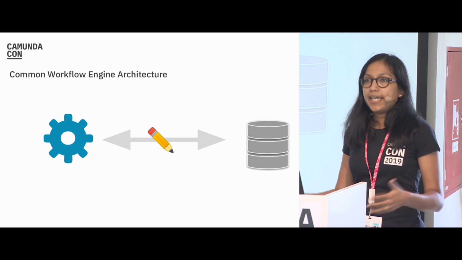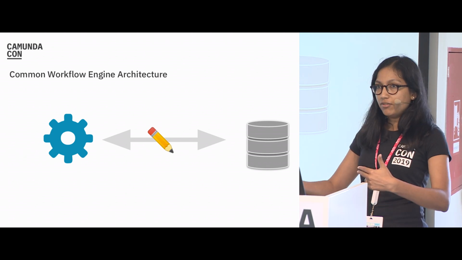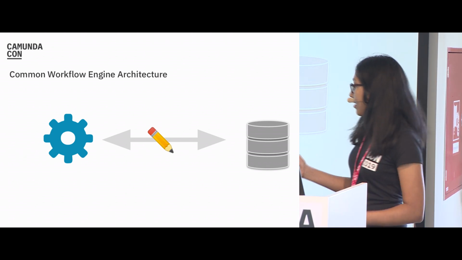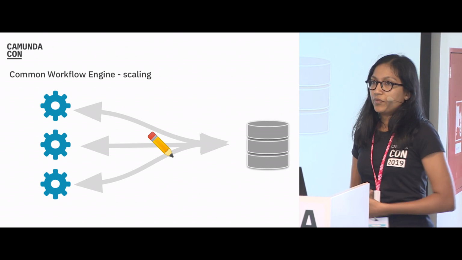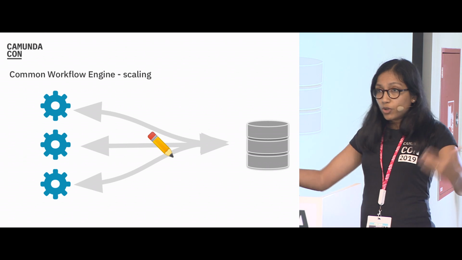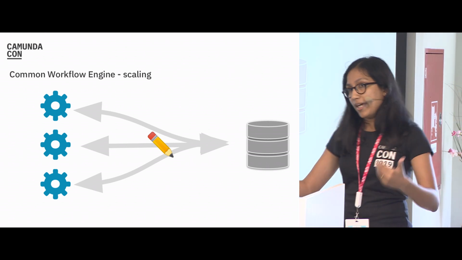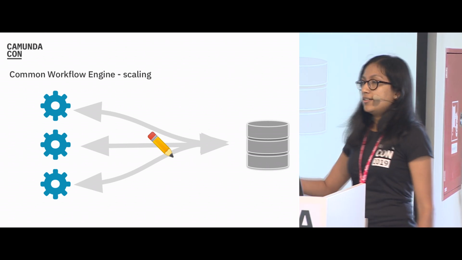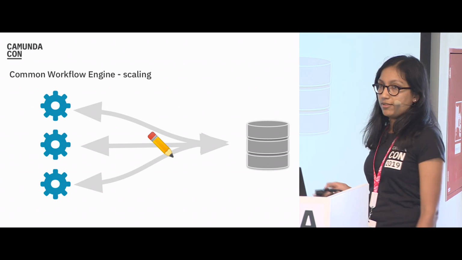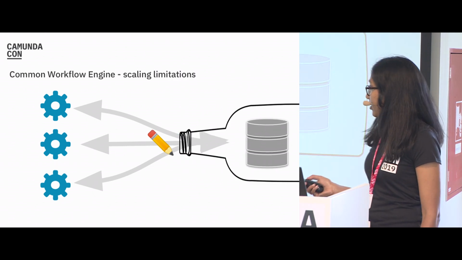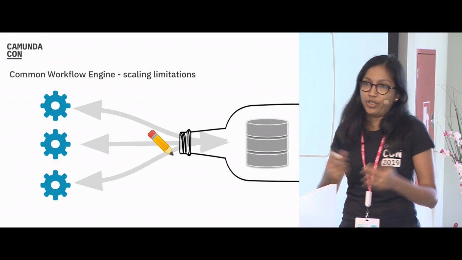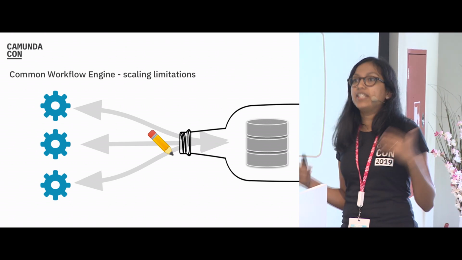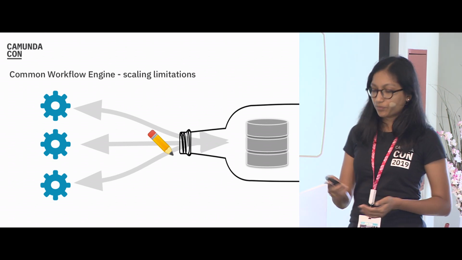And if you want to process more, what you typically do is add more engines, so you can process more things in parallel. But all of the engines write to the same central database. So at some point, this central database becomes a bottleneck, and you cannot scale anymore. And that's why we need to rethink the entire architecture.